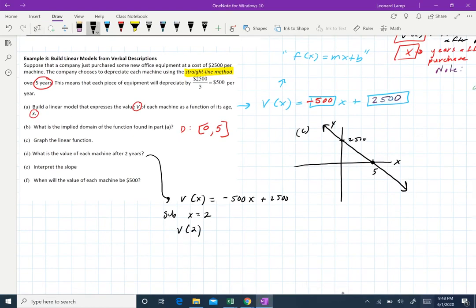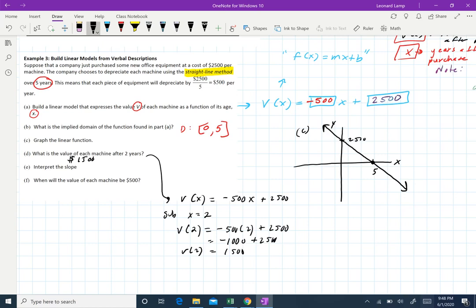So v of 2 is equal to negative 500 times 2 plus 2500. Of course, that would just be negative 1000 plus 2500, which leaves us with 1500. Right, so what is the value of each machine after 2 years? $1,500.